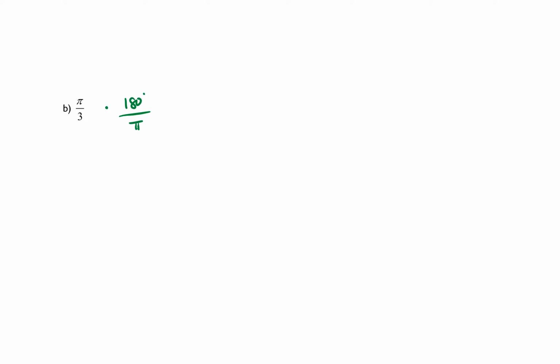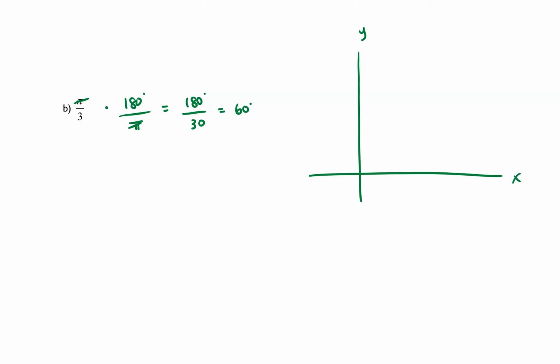So if I multiply this by 180 degrees over pi, the pi's will cancel out, and we are left with 180 degrees over 3, which is equal to 60 degrees. Now, if I sketch this on my unit circle in the first quadrant, my special right triangle would look something like this.